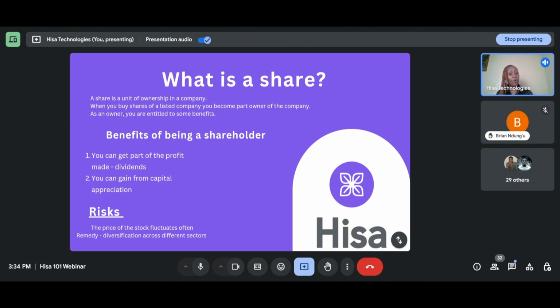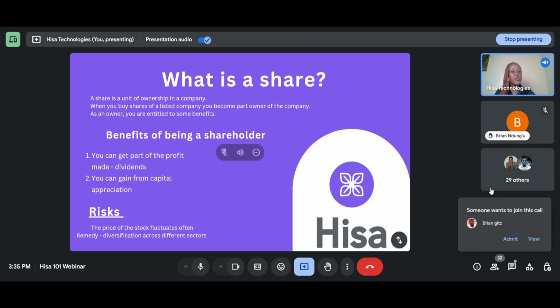And as an owner of that company, you are entitled to some benefits. Today, we'll be looking at two benefits that you as an owner of that company get. The first one is you can get part of the profits made in that specific company.